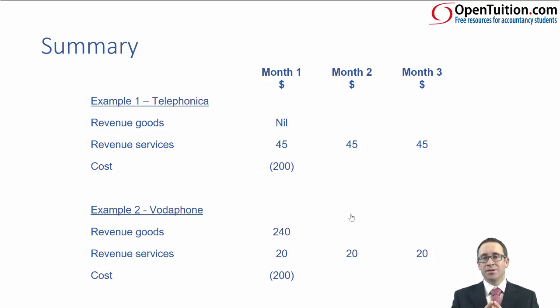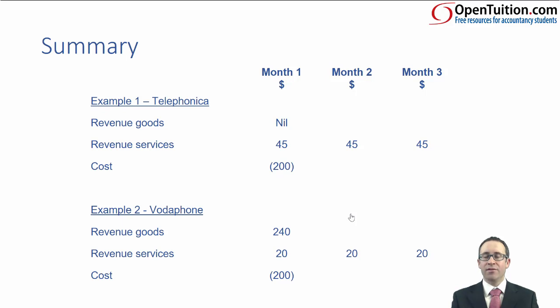However, in the following months, 2, 3, 4, and for the following 9 months to the end of the year, they generate more revenue per month than Vodafone does. So there's a lack of comparability between Telefonica and Vodafone. Overall, for the period, there's going to be a very similar amount of profit.